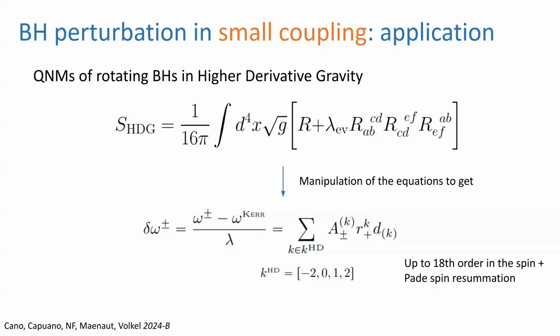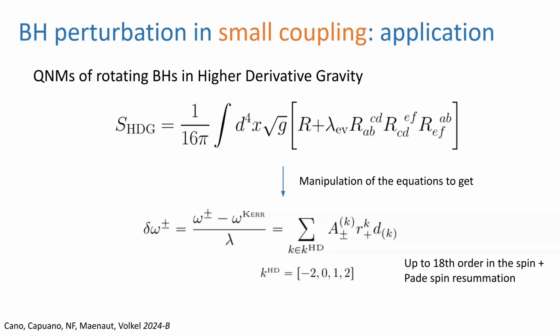And as I said before, we checked against the massive scalar perturbation, assuming that the mass of the scalar is small, and Kerr-Newman perturbations, assuming the charge is small. Because Kerr-Newman is fully rotating, you can actually check the regime of validity of the expansion even for large spins, assuming that the charge is small, and it's working very well.